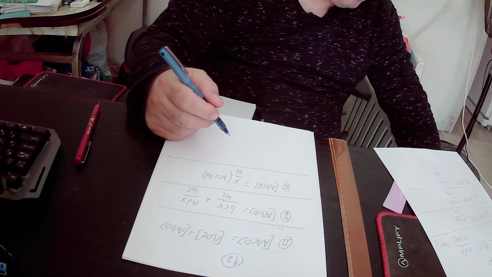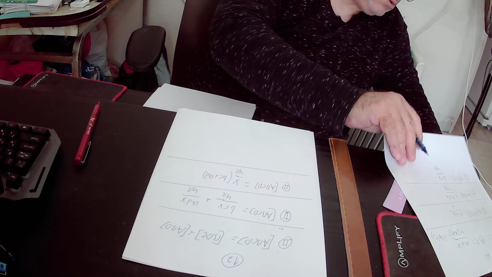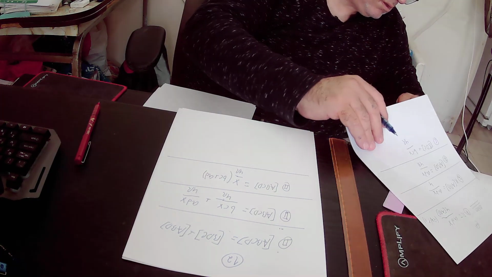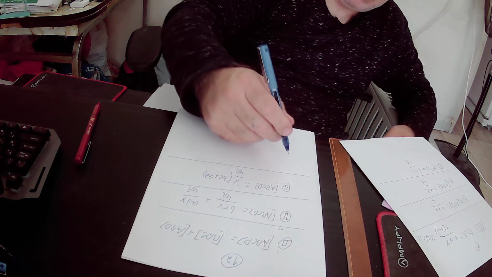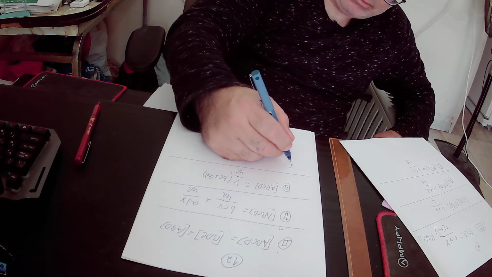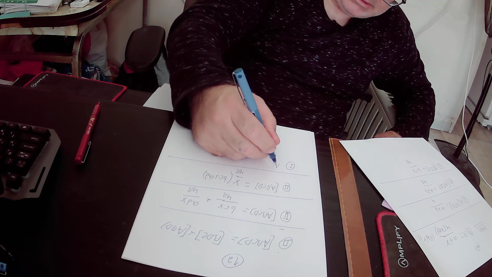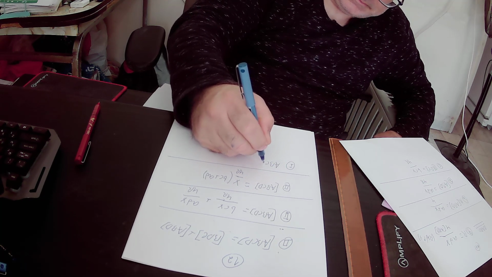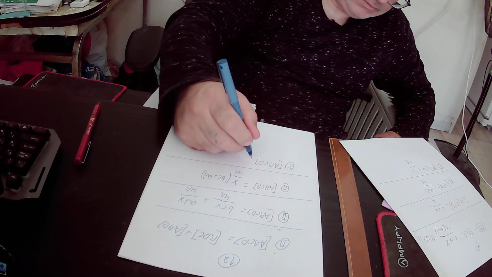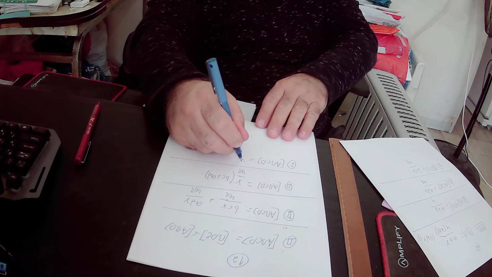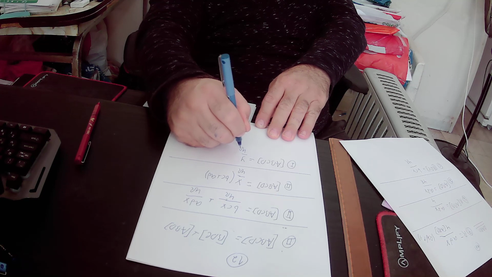But according to our first equation, we've already found out that the area of quadrilateral ABCD equals y over 4R.